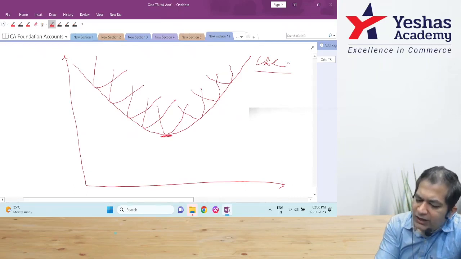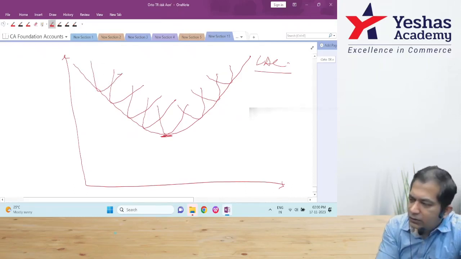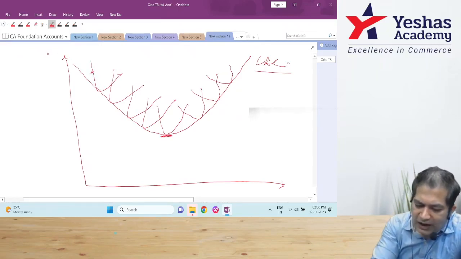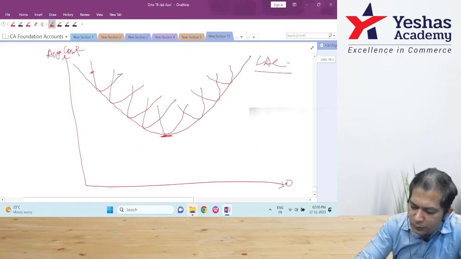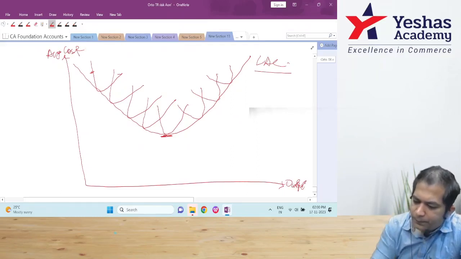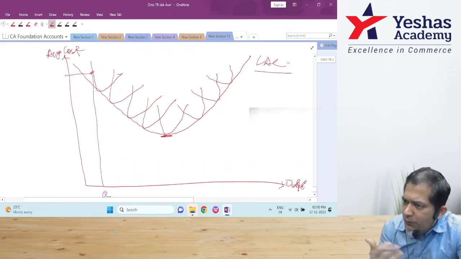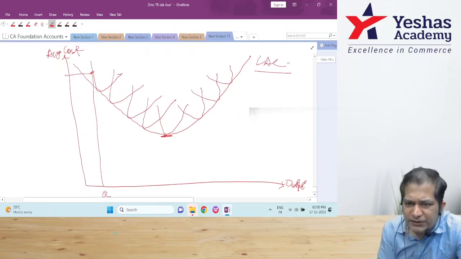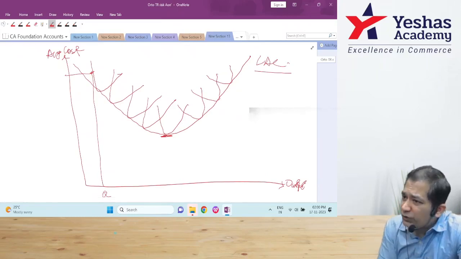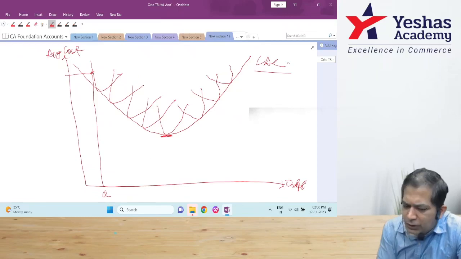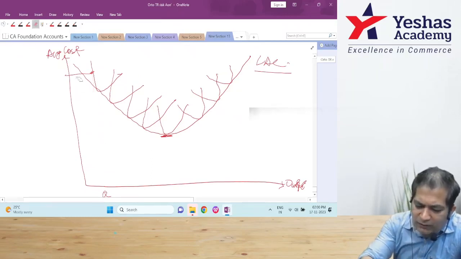Now, initially when I put up a plant and I'm using it inefficiently, then you see this is your average cost and this is the output. Your average cost is high compared to the quantity you produce. So if you produce more and use your plant more efficiently, not all your costs are going to increase in the same proportion. So as a result, your average cost will fall.